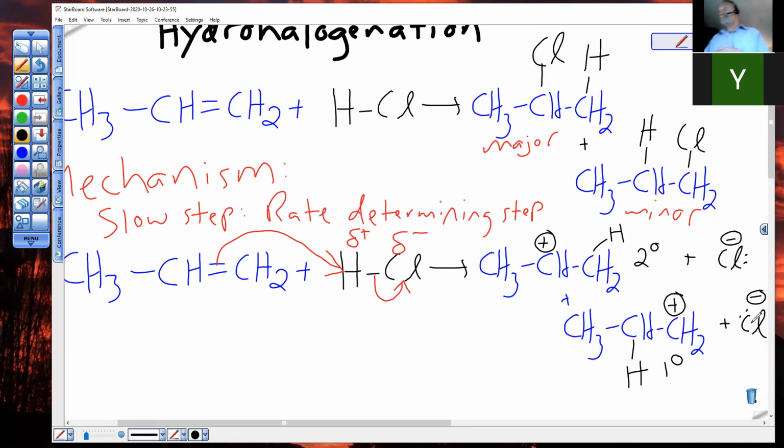There you have it. That's the slow step. Why is it slow? You should be able to tell me why this would be very slow. Generally, reactions that make unstable molecules are slow. That's a potential energy argument. We have reactants becoming products. Oh, it's backwards on the screen, so I assume it's backwards on your screen.